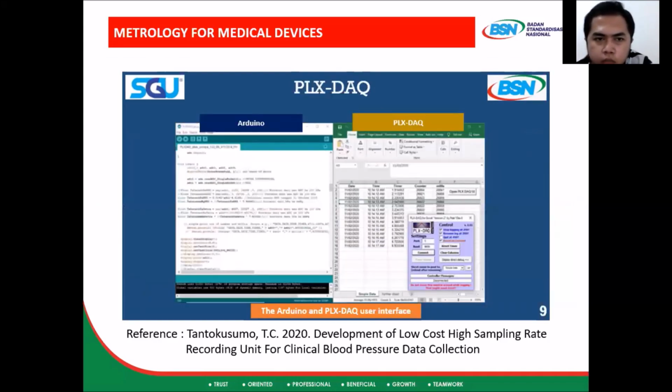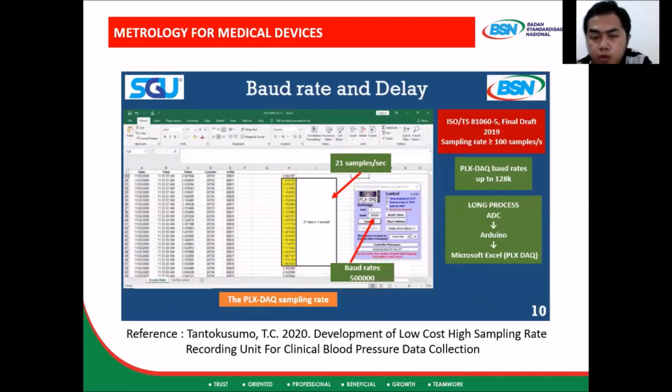For the software, we use the Arduino and PLX DAQ user interface. However, the problem is the sampling rate is only 21 samples per second, where the specification in the ISO is 100 samples per second.